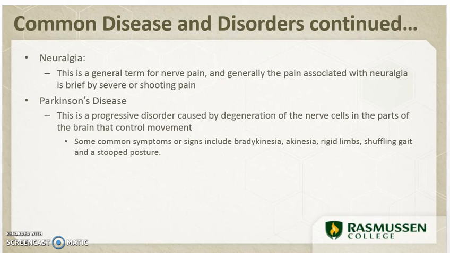Neuralgia is the general term for nerve pain that is associated with brief, shooting, or severe pains. And Parkinson's is a progressive disorder caused by degeneration of your nerve cells and parts of the brain that control your movement. Alright guys, so that's going to wrap up Chapter 41, Chapter 37, and Chapter 25.